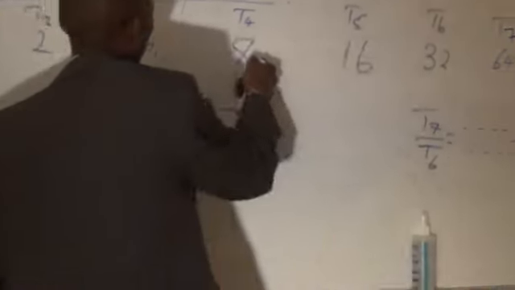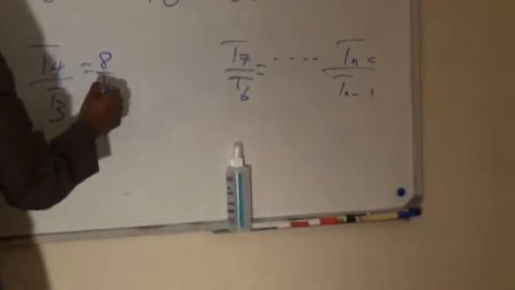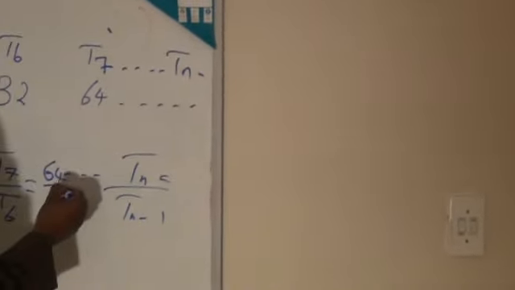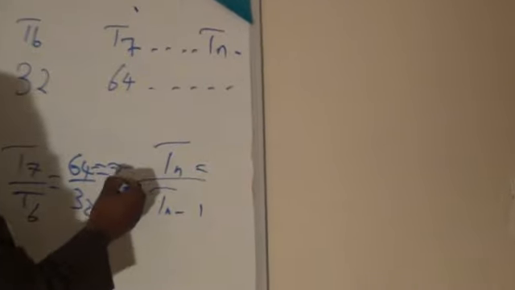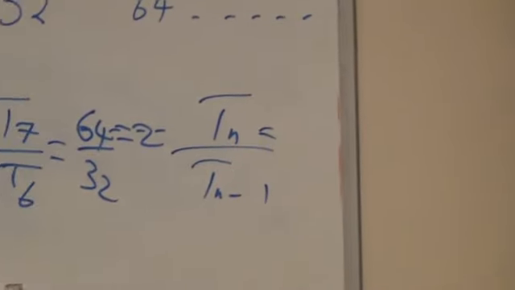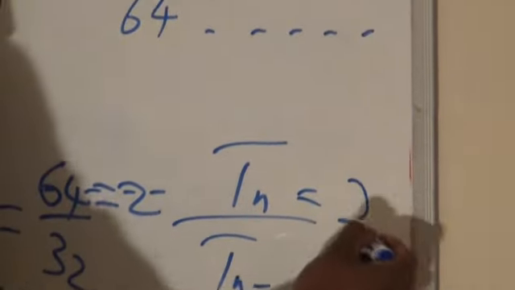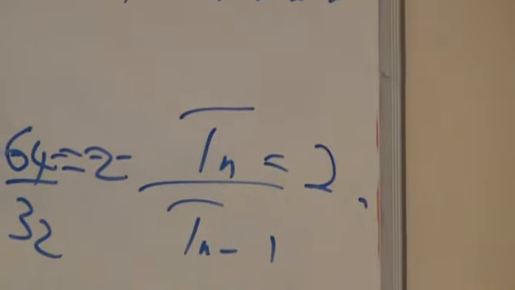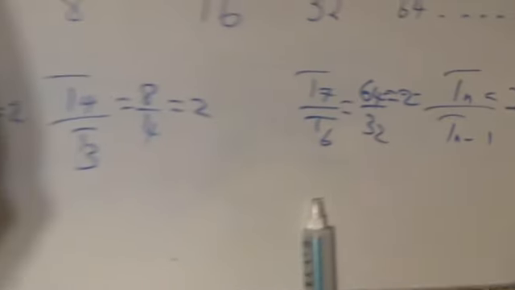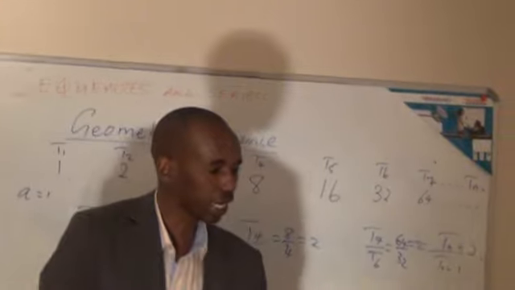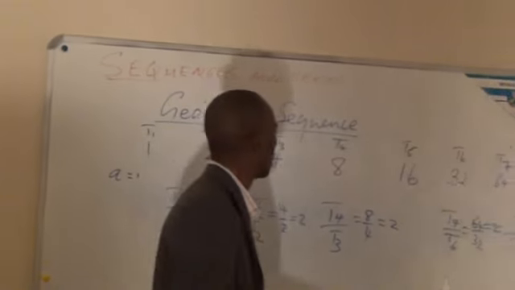If we look at T4 divided by T3, that's the same as 8 over 4, which is 2 again. If we look at T7, which is 64, divided by T6, which is 32, we get 2 again. So in general, if we look at Tn divided by Tn minus 1, we should also get 2. Does that make sense? Yes. You don't sound confident. Yes. Is that a yes? Yes. Okay, good.